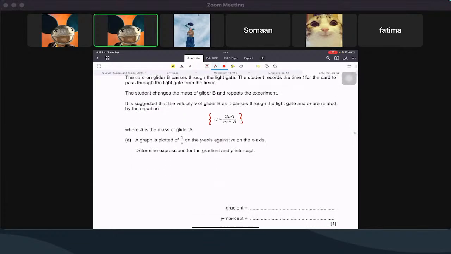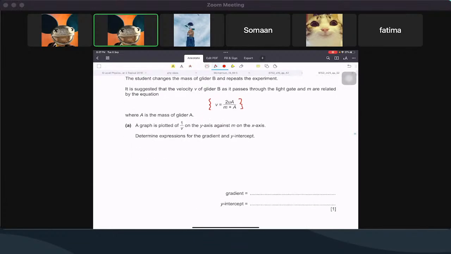Now, the very first question, always you'll see this, where she will say, okay, a graph is plotted of 1 upon v on y-axis against m on x-axis.